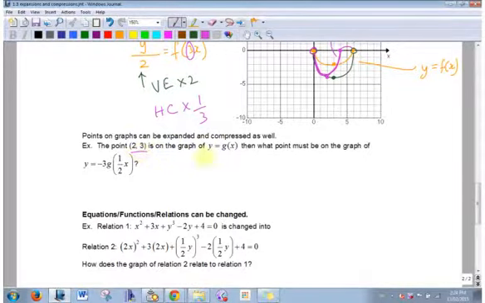In general, this point is on the graph y equals g of x. What does this do to it? There's 3 things there. Let's start out with the one that was on your quiz. What does the negative do? Reflection over where?